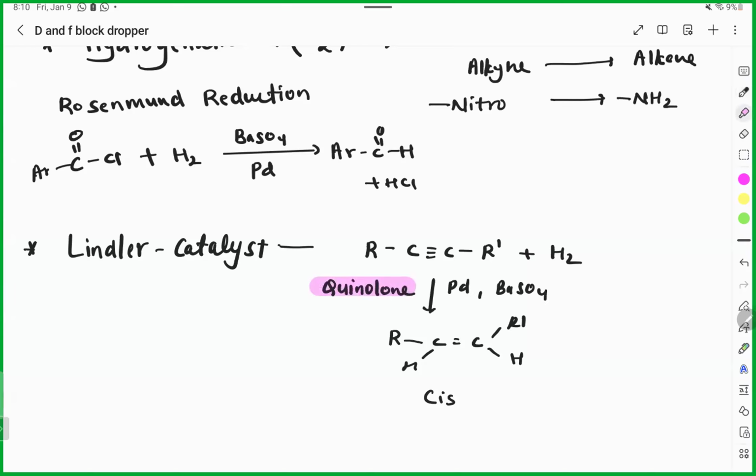I don't remember, sir. It acts as a poison. So further reduction can happen and alkane can form. To avoid the formation of alkane and stop only at alkene, we use Lindlar catalyst with poison. Understood? So all these things are extremely important.